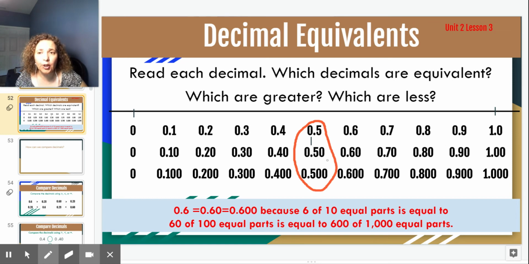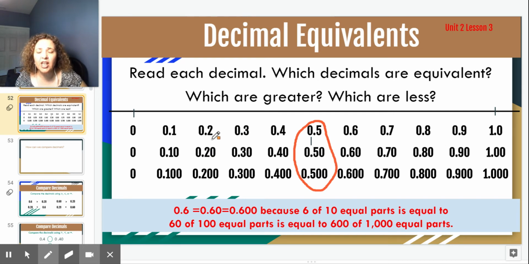So that's also equal to a half. And then we have 500 out of 1,000. Because it's in the thousands place, that is also equal to a half. So all these are equal to a half. They're equivalent fractions, okay?